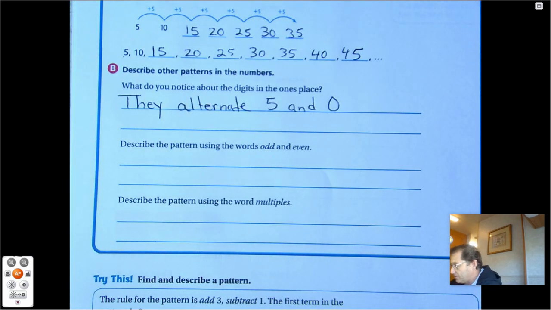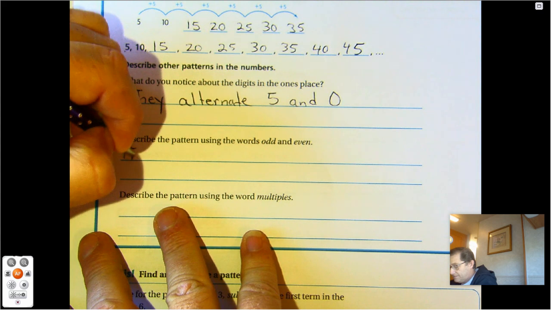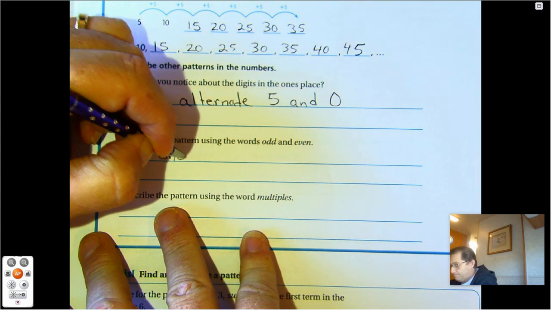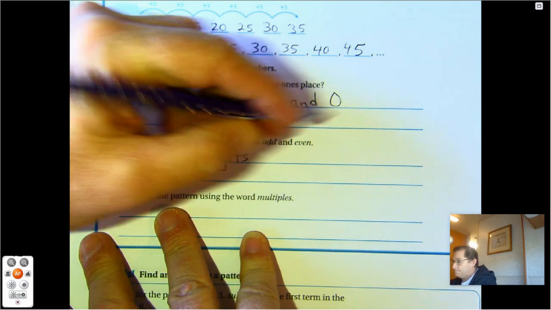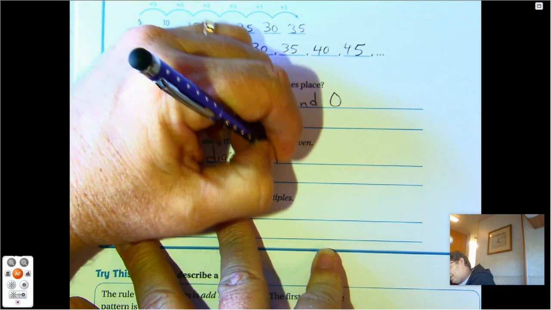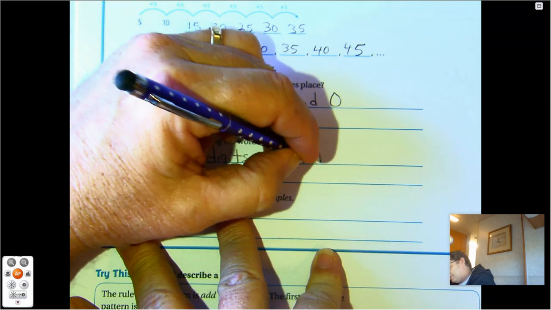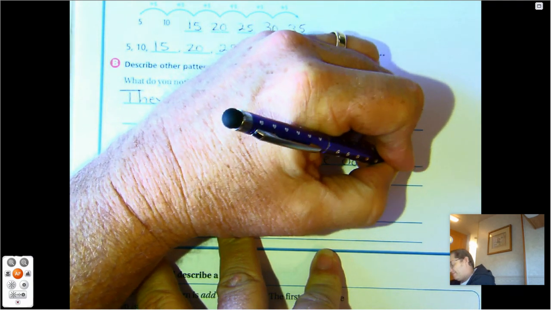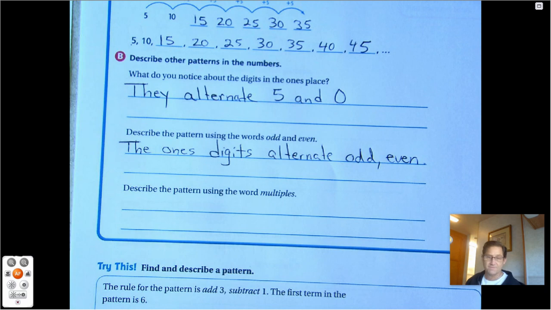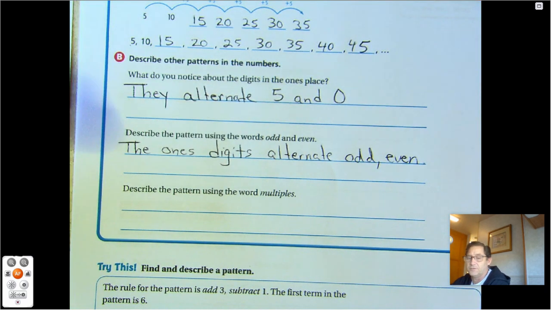Describe the pattern using the words odd and even. Okay, well, the ones digits alternate, odd, even. 5, odd, 0, even. 5, odd, so on.